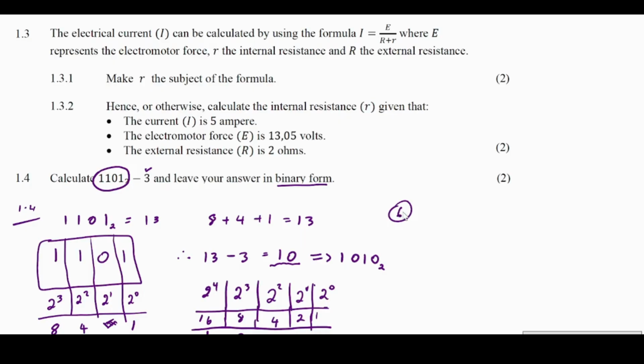Then 6 minus 4 gives us 2, so we put a 1 there. And then 2 minus 2, we get a 0. And that's just it. This is our final answer here. We get 1 0 1 0.